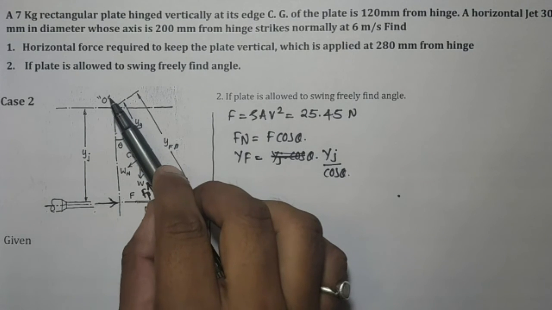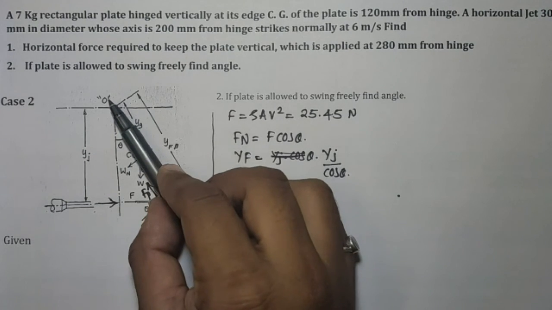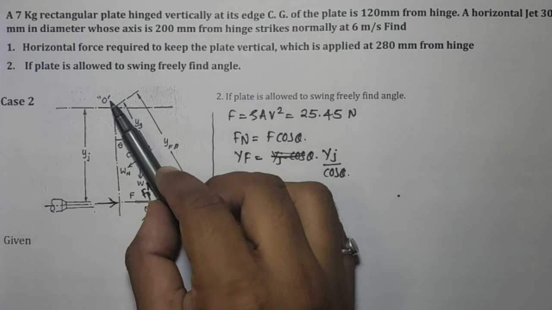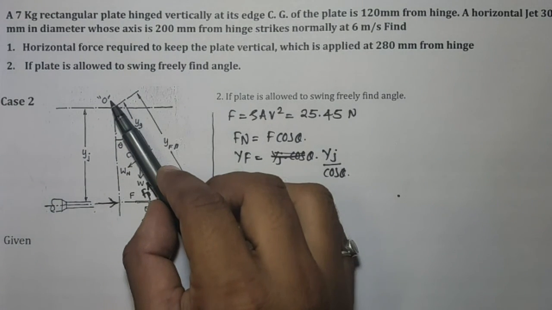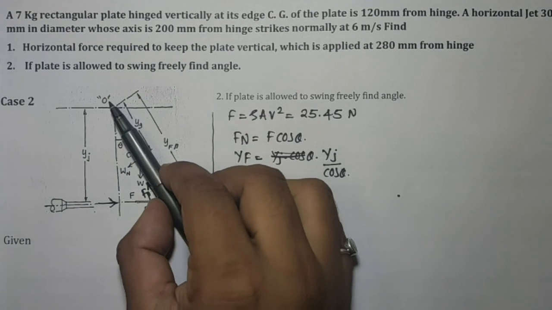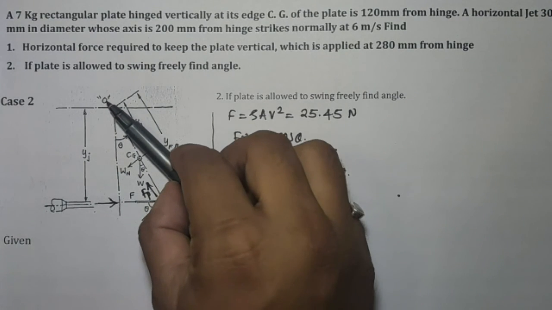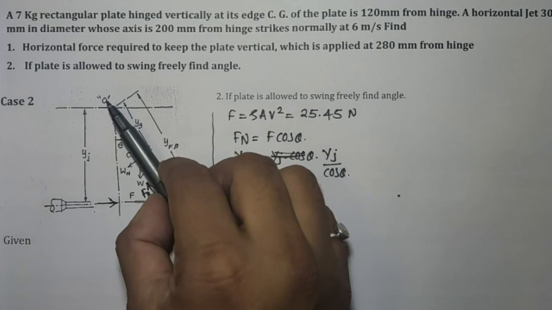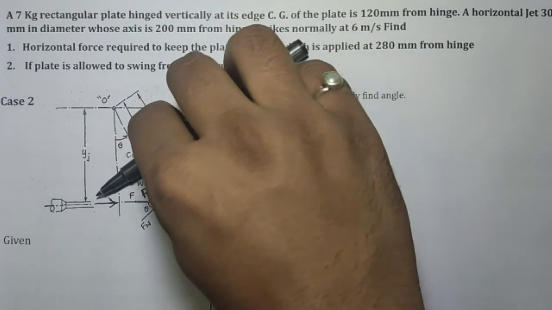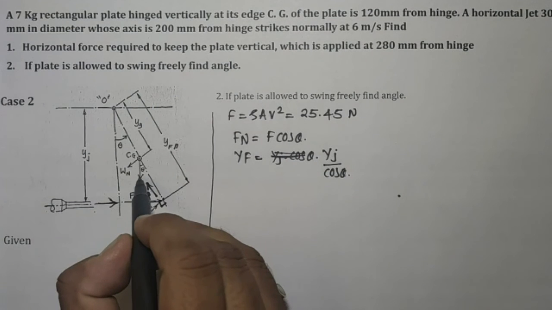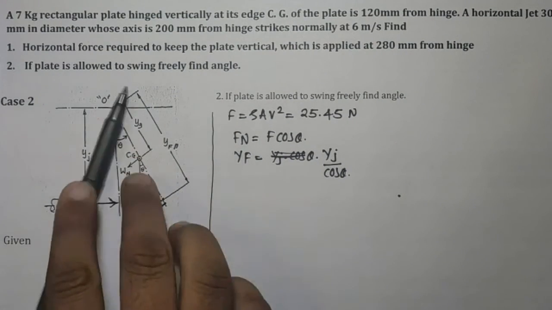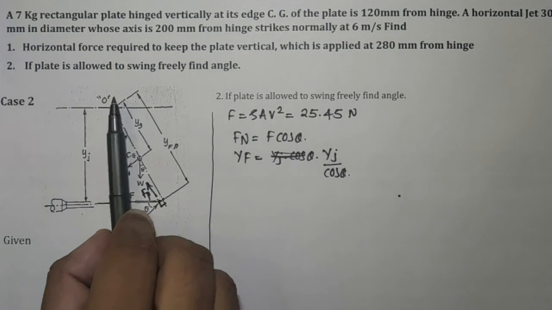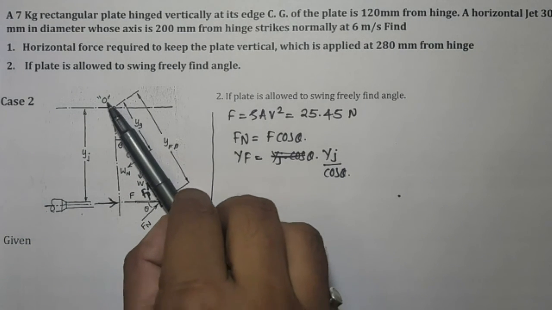Let us assume that the plate is now in equilibrium at this angle theta, in such a way that further displacement of the plate is avoided by its self weight. Because of the self weight and its normal component, there is a restriction on the plate displacing more than theta.